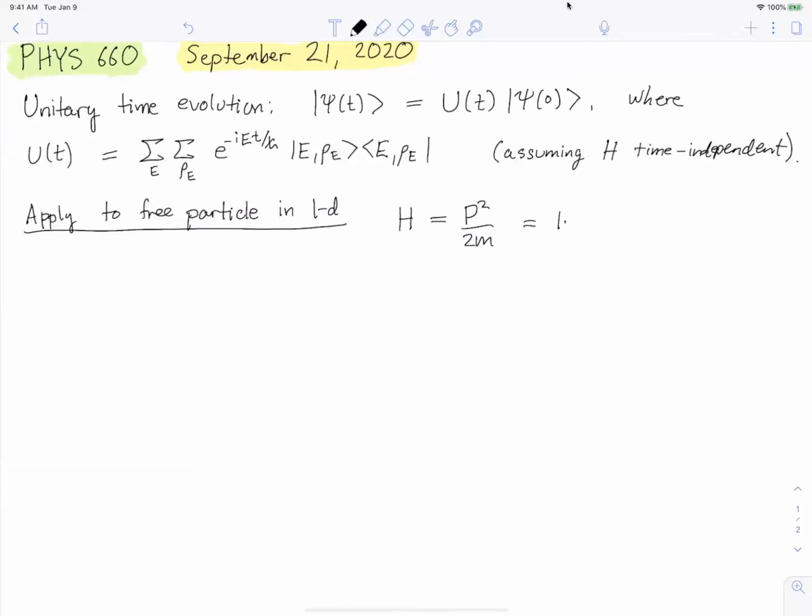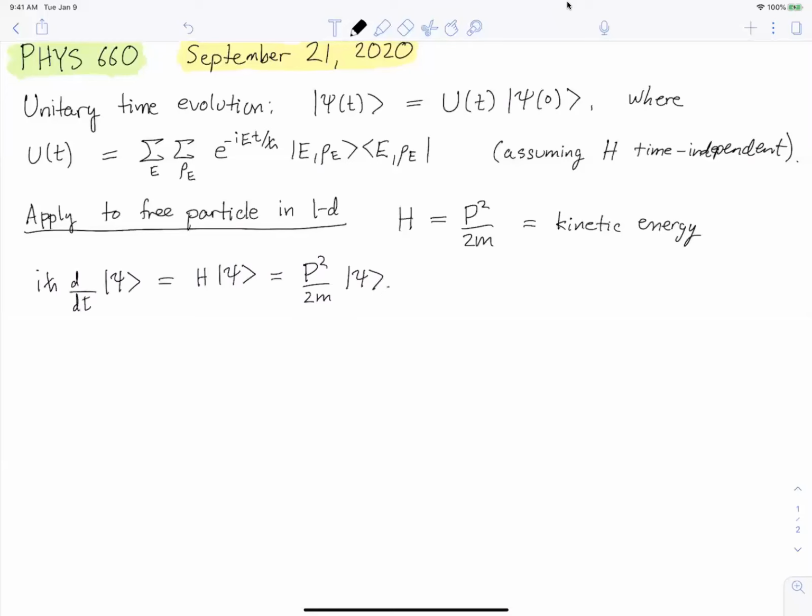Because it's a free particle, we're assuming it has no potential that it's moving in. And so then the Schrodinger equation is i h bar, time derivative, acting on the ket psi, is equal to the Hamiltonian acting on psi, which is equal to the operator p squared over 2m acting on psi.